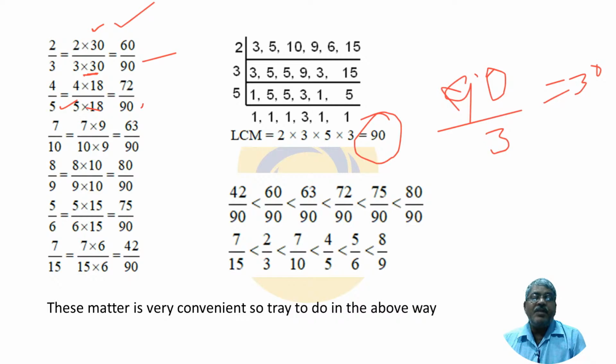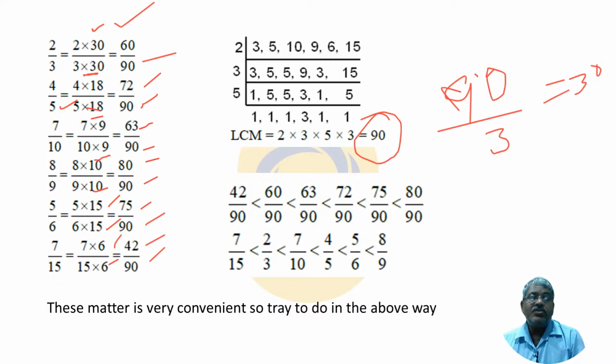72 by 90. 10 into 9, 7 into 9, that is 63 by 90. 10 into 8, 9 into 8, here you see 80 by 90. Also 6 into 15, 5 into 15, 75 by 90. And 7 by 15, 15 into 6, 7 into 6 is equal to 42 by 90.